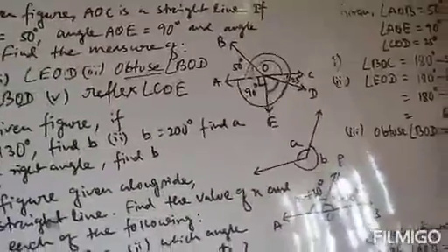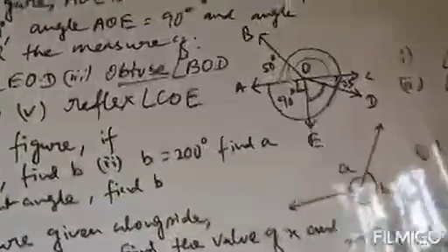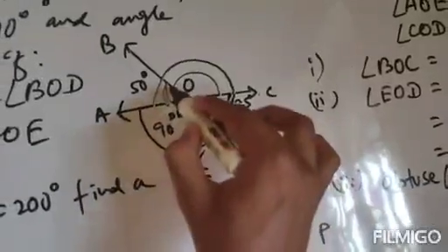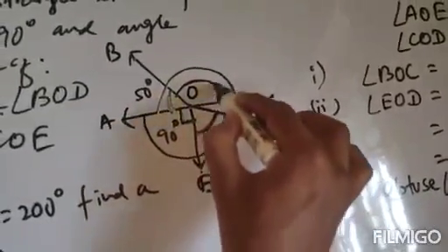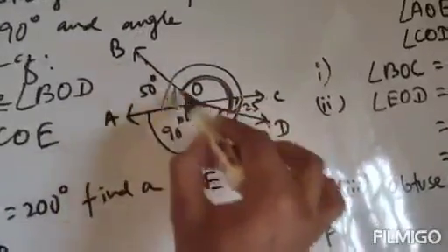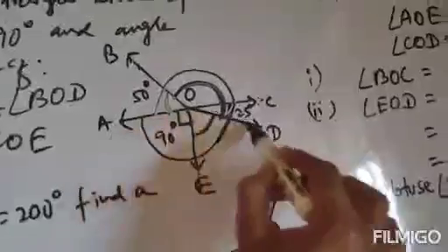So the value of angle BOD will be between 90 degree and 180 degree, so that the angle is obtuse. This total angle BOD is an obtuse angle. Now BOD means angle BOC plus angle COD.